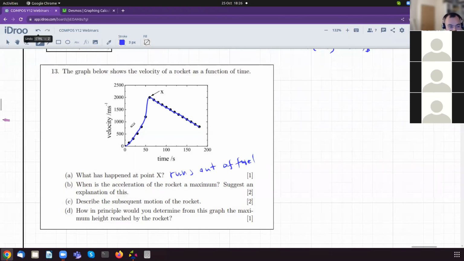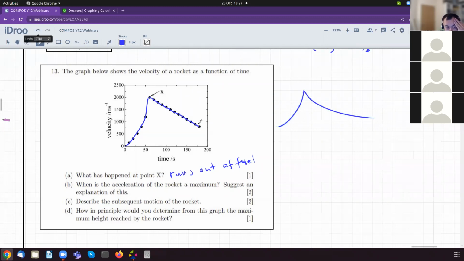Now, it starts to decelerate. The likely scenario is not because of air resistance. It decelerates because of gravity. Like, you're flying up, you run out of fuel, you start slowing down. If it was due to air resistance, the graph would be more like this.